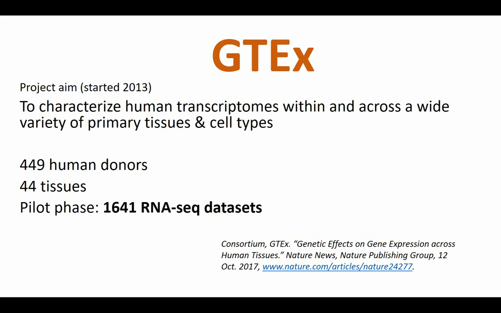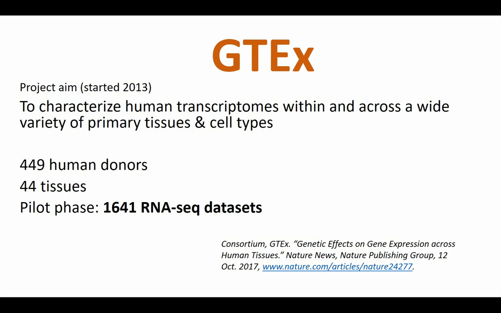So the project started in 2013, so pretty late. And by now, we have version 8. As you can see, it's really very fast evolving. The idea was to characterize the human transcriptome within and across a wide variety of primary tissue and cell types.